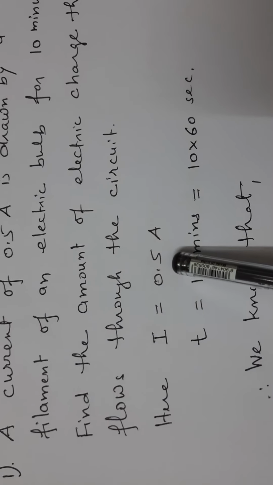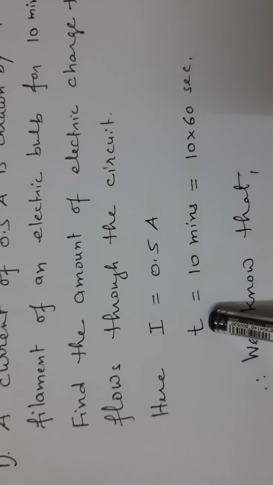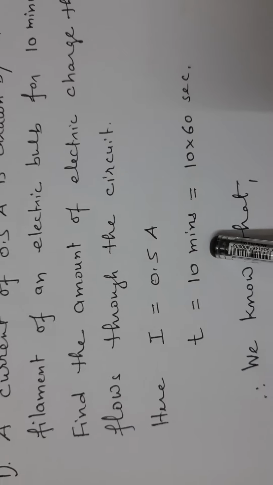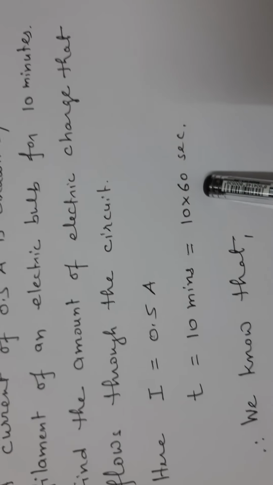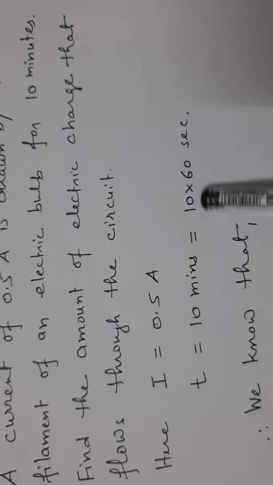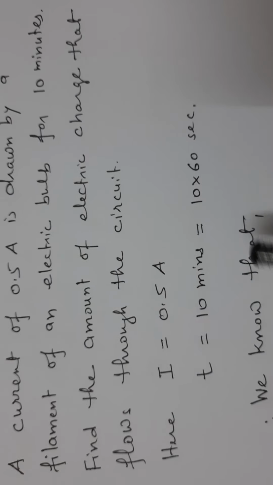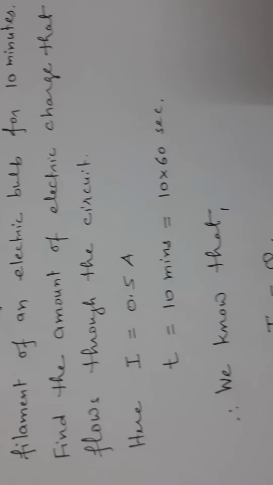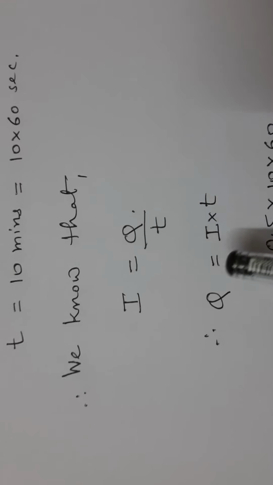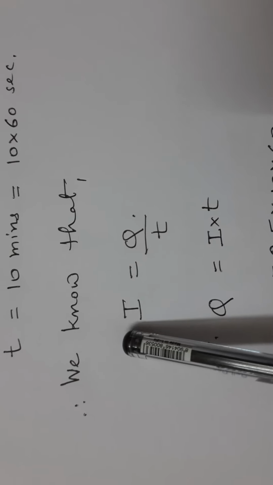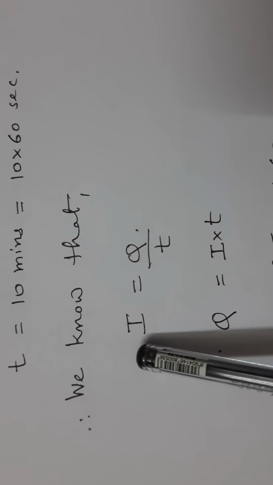So I is equal to 0.5 ampere. Time is 10 minutes. The 10 minutes has to be converted into second. So 10 into 60, it becomes 600 second. Now we know that I is equal to Q upon T. So Q will be I into T. This T goes on the other side, it gets multiplied.